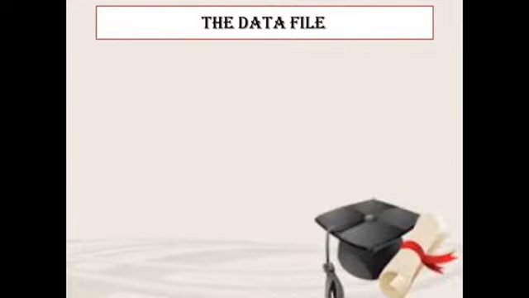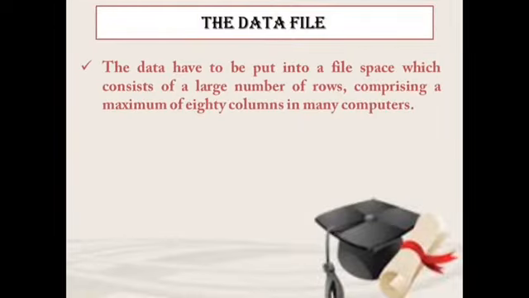Data file. Before you can analyze your data, you need to create a file which holds them. The data have to be fed into a file space which consists of a large number of rows, comprising a maximum of 8 columns in many computers.